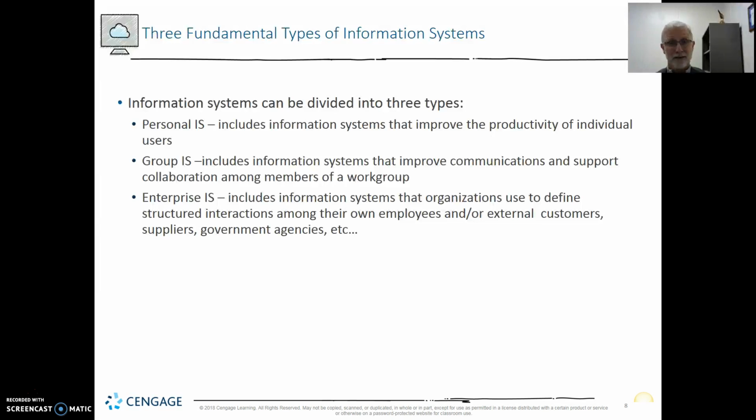The school can be considered an enterprise because it has information systems that help define interfaces between our employees, the students, suppliers, and the state government. So they're grouped based on size of what they do.